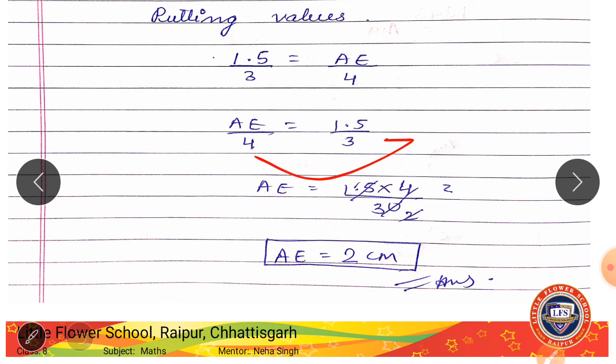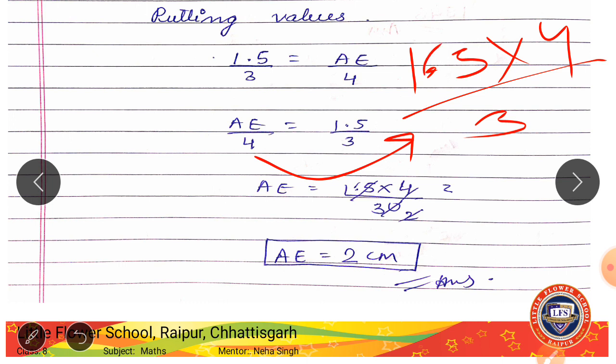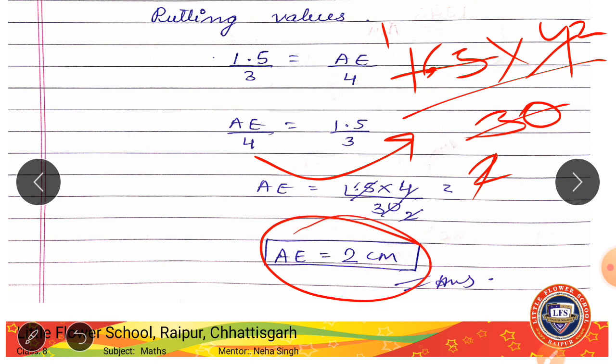This 4 will now be multiplied here. So the equation is 1.5 AE equals 1.5 into 4 upon 3. Now this 0 I'll put as 0 here. 15 ones are 15, 15 twos are, right? 2 ones are 2, twos are. What is our answer? The value of AE is 2 centimeter, right?